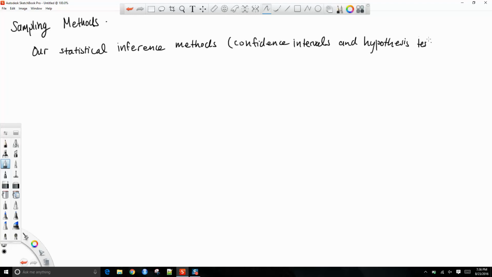We've covered really two statistical inference methods, being confidence intervals and hypothesis tests, and those assume that our samples were selected via simple random sampling.